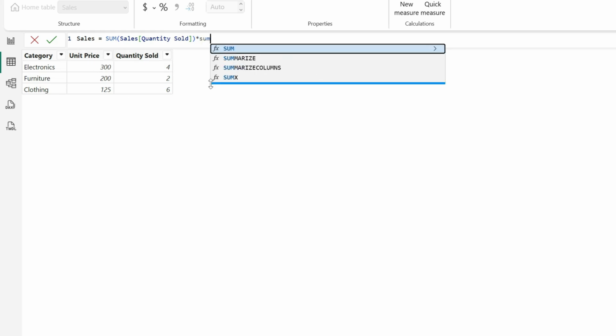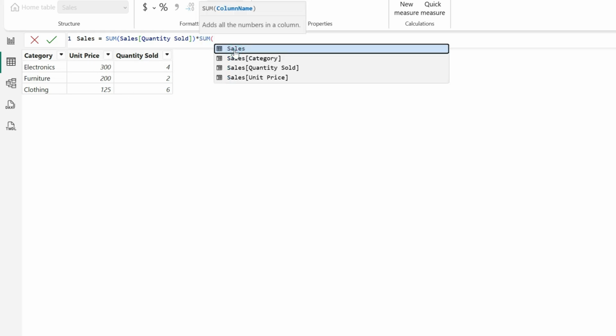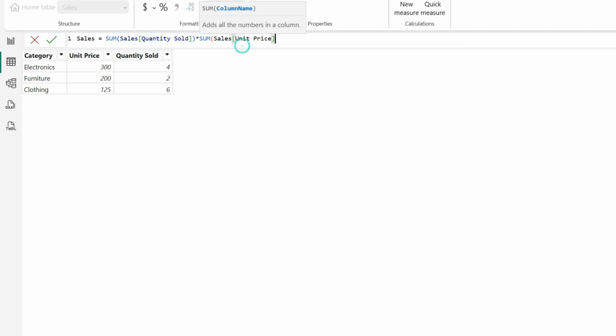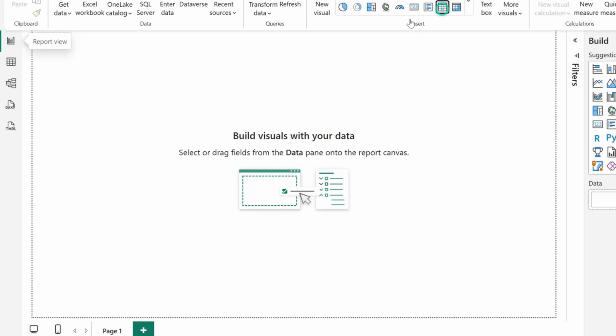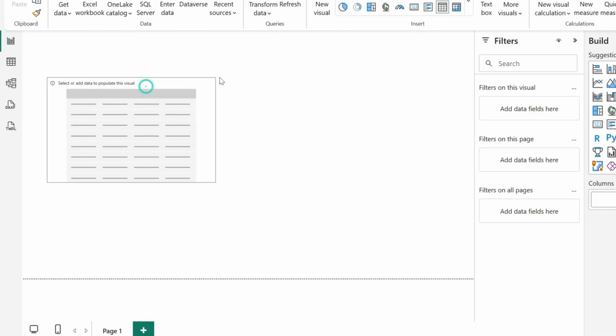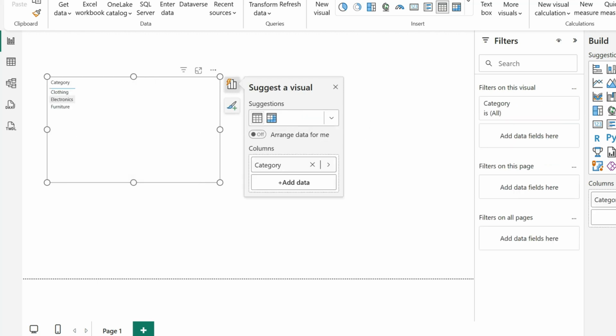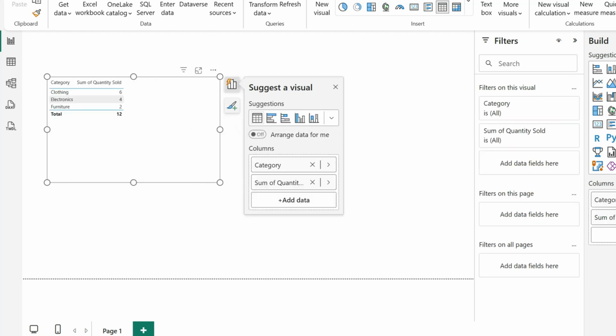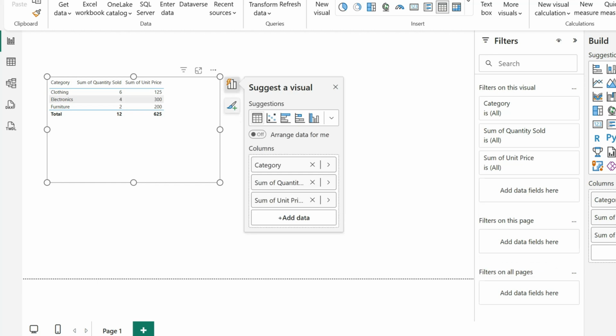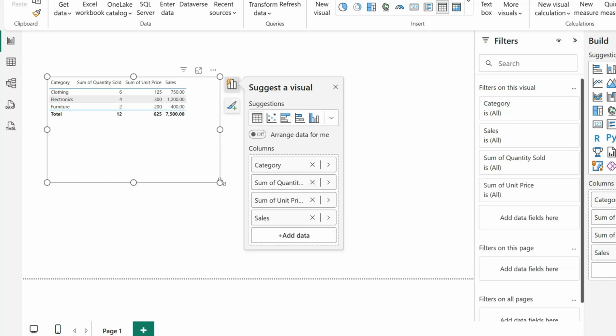If we create a table, and put category and their values here, and here's the sales. If we look row by row, it's okay.